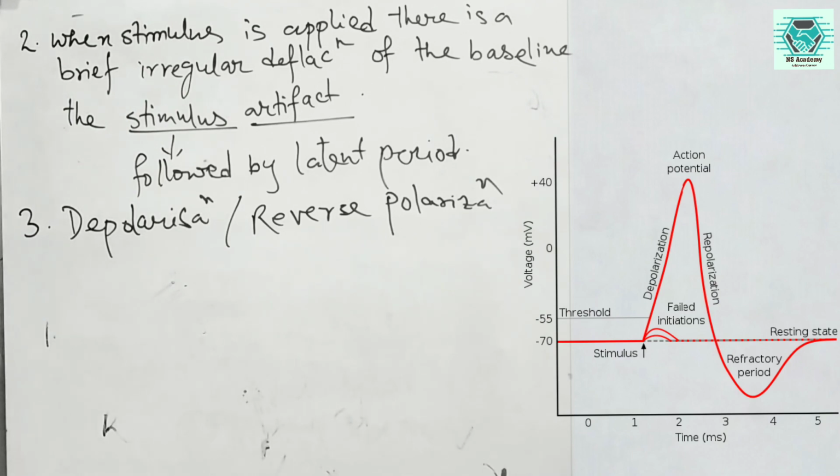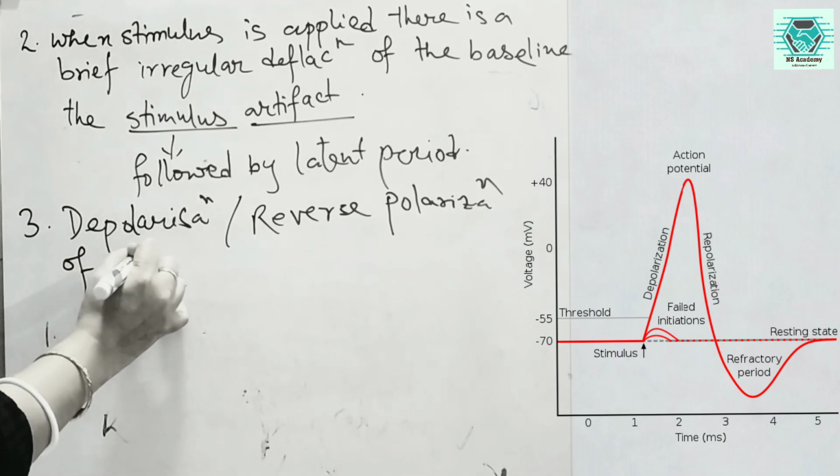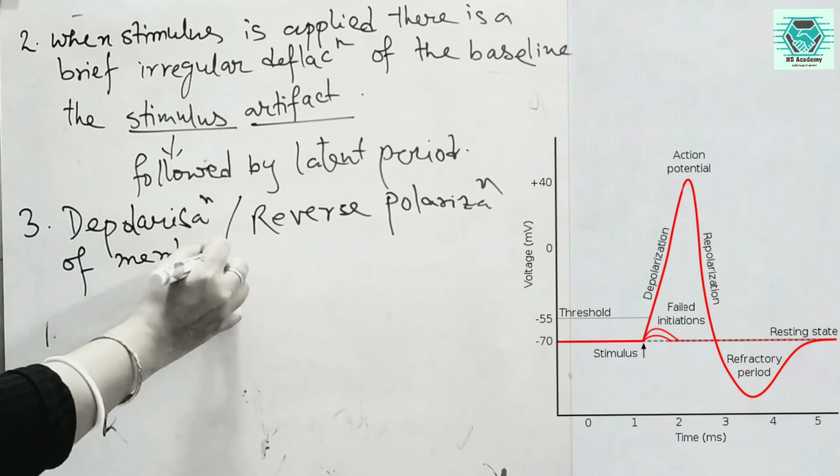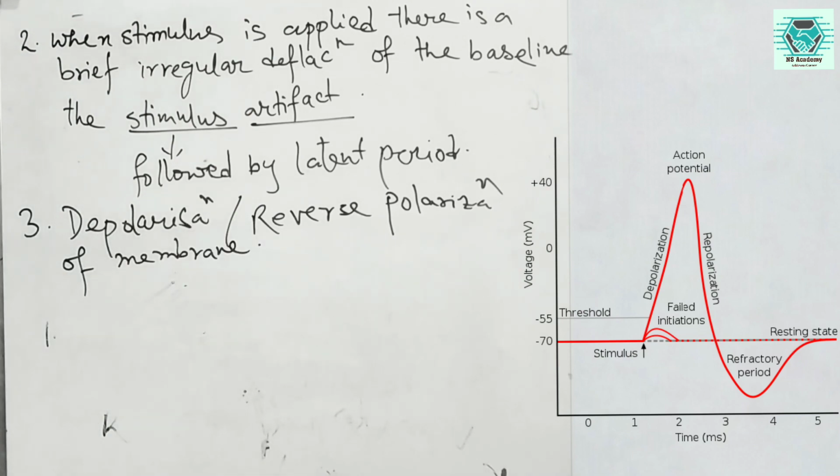Depolarization means what? In the resting state, the cell is in the polarized state. That is, inside the cell there is minus 70 millivolt. So depolarization means what? It means reduction in the membrane potential.